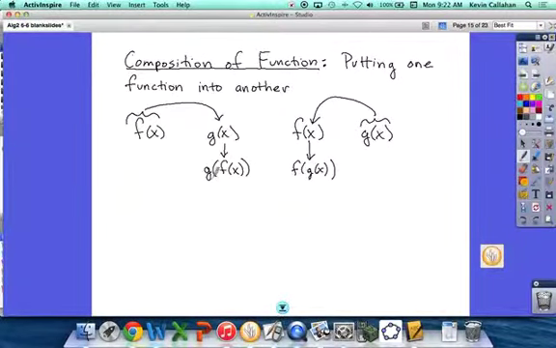So what does it look like? It looks like g of f of x, right? Taking that whole thing, put it inside. That's a composition. You could do it in either direction, right? You could stuff f into g, or you could stuff g into f. Either way, that's called a composition.